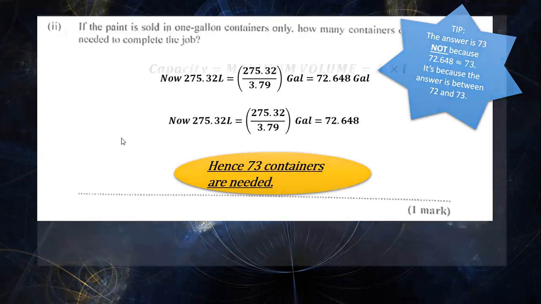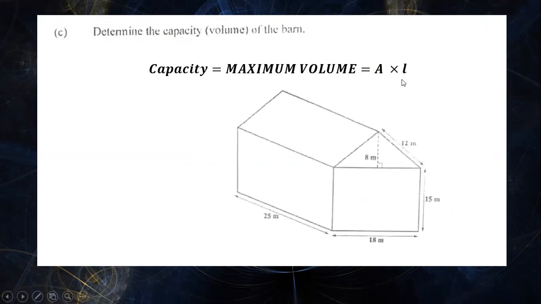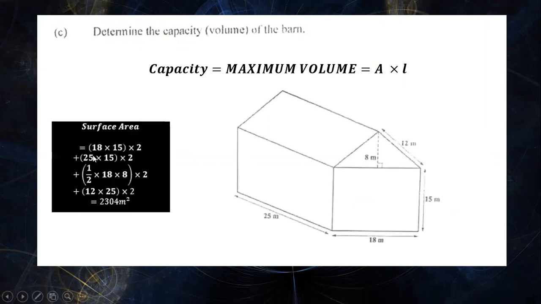Right, let's press on. So determine the capacity volume of the barn. The maximum volume is area by length. We worked out the surface area already, right? So when we say area, we actually mean cross-sectional area, which is this here.